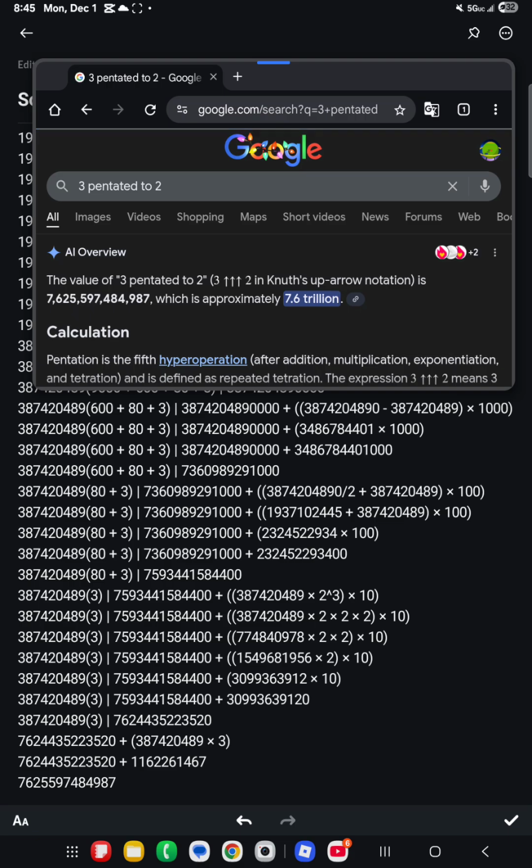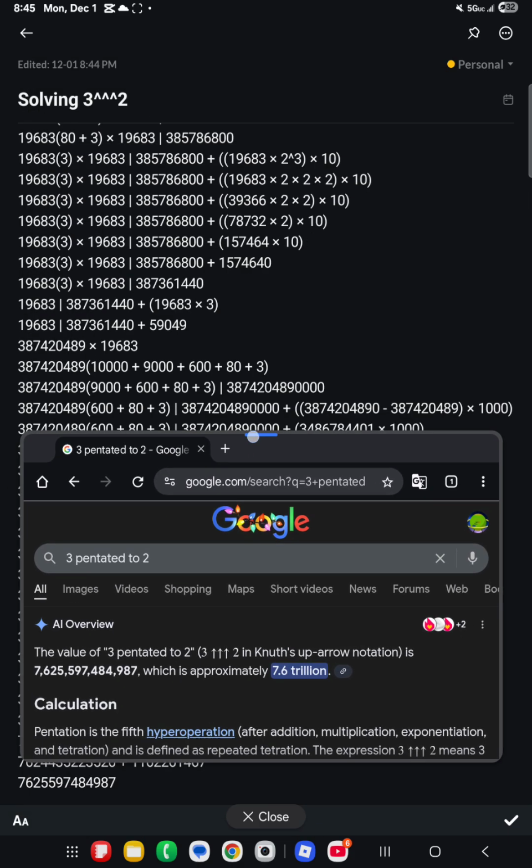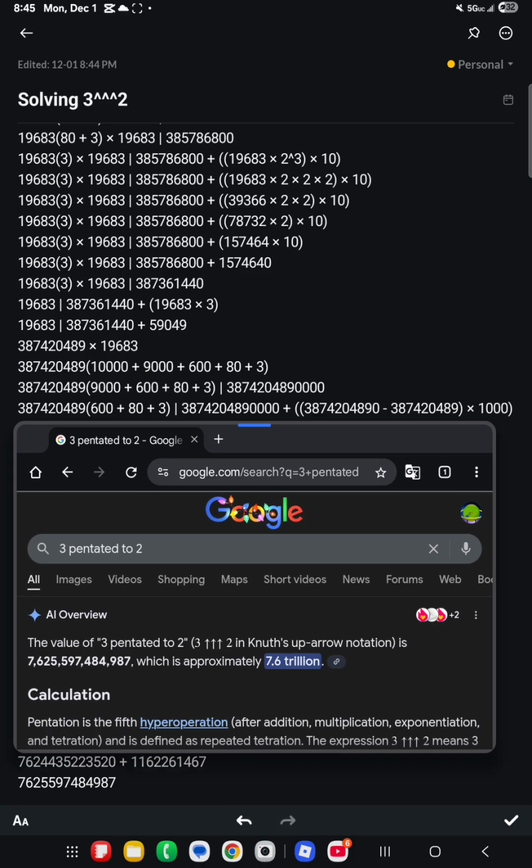Oh my god. Bro, look. Oh my god. I actually got it right. Yo. I got it right in under an hour. I got it correct in under just an hour. Holy.